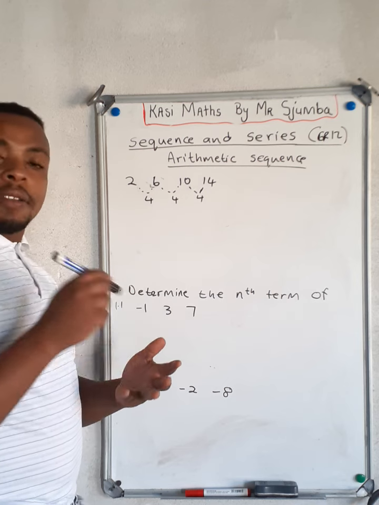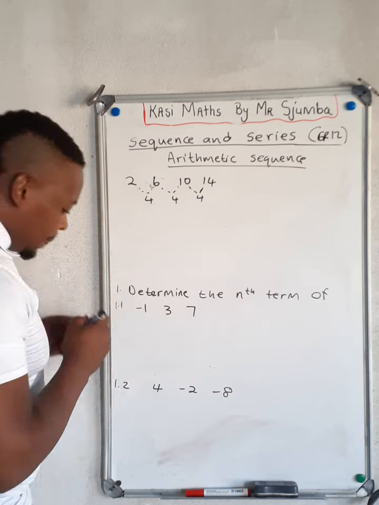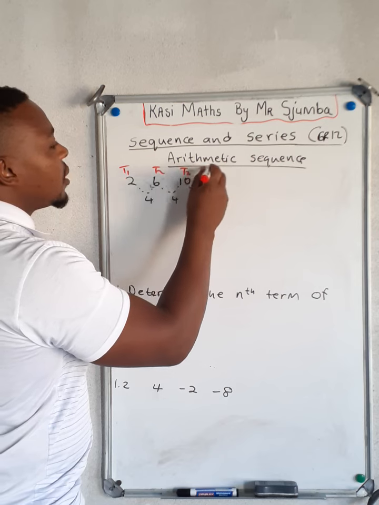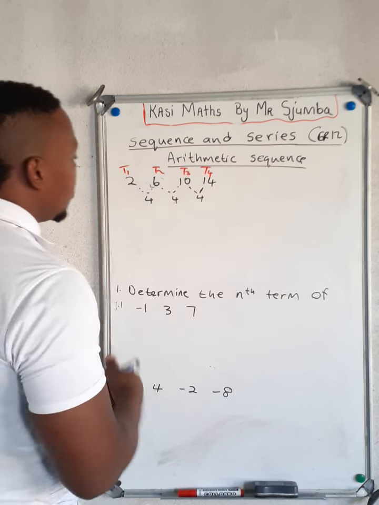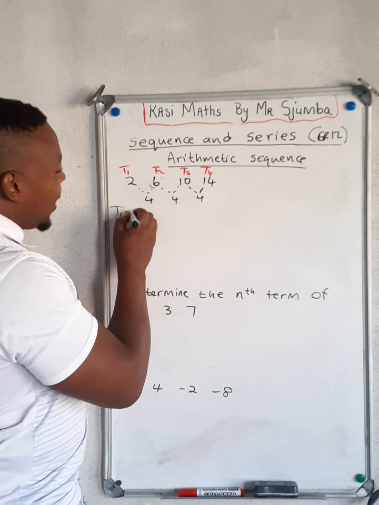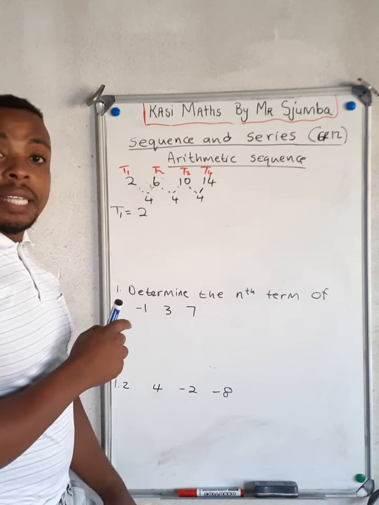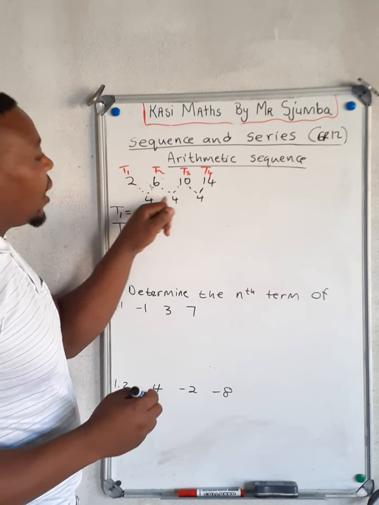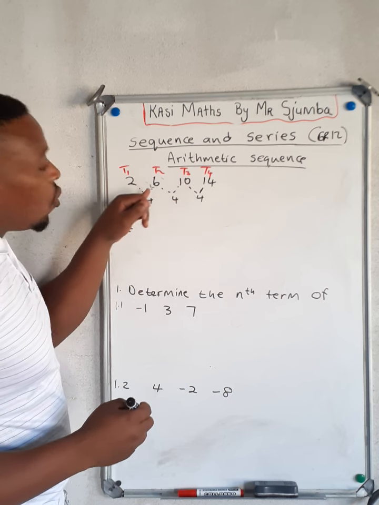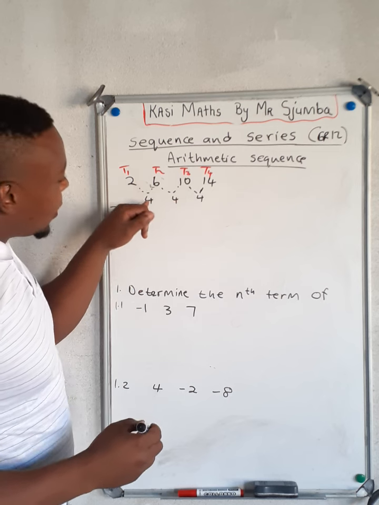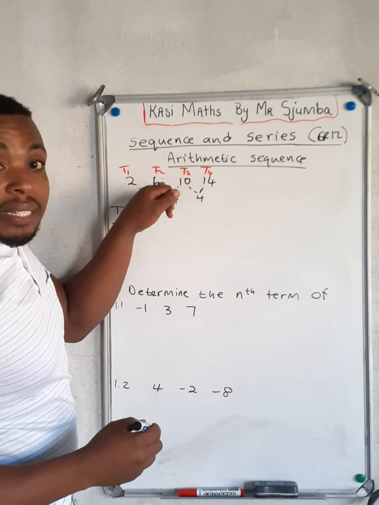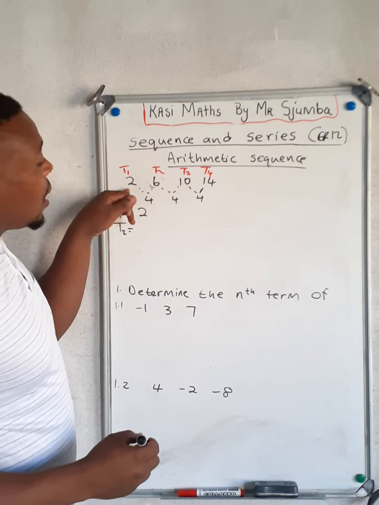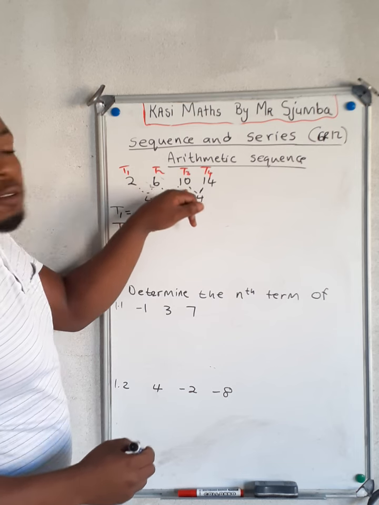So let's derive a formula. Here this is term 1, term 2, term 3, term 4. Let's say this is the first term, and this is the common difference. Term 2 is 2 plus the common difference, which is 6. Term 3 is the first term, 2, plus 4 plus 4, which is 10.